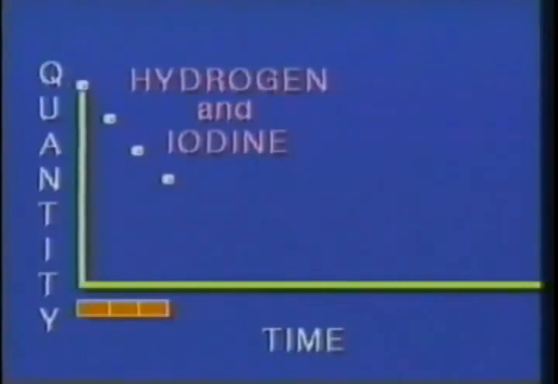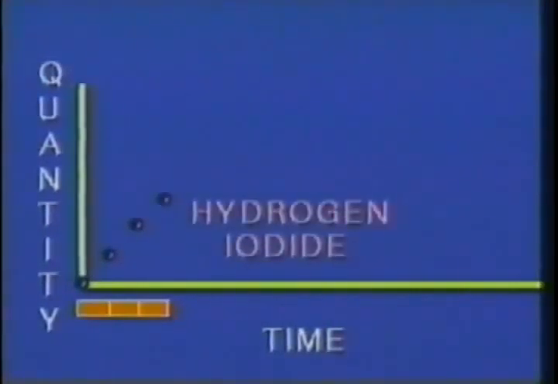Now, just how does this model explain dynamic equilibrium? Initially, if there is only hydrogen and iodine, only this reaction can possibly take place. The quantities of hydrogen and iodine drop quickly. Naturally, at the same time, the quantity of hydrogen iodide increases rapidly.